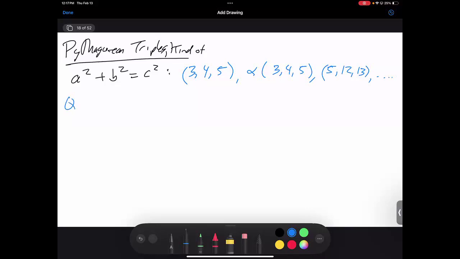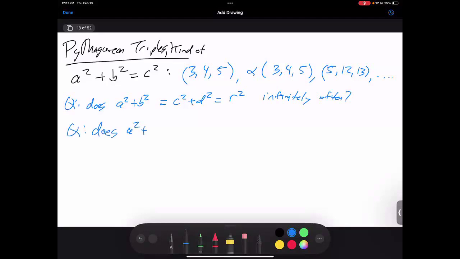And so here's one question. Does a squared plus b squared equals c squared plus d squared infinitely often?